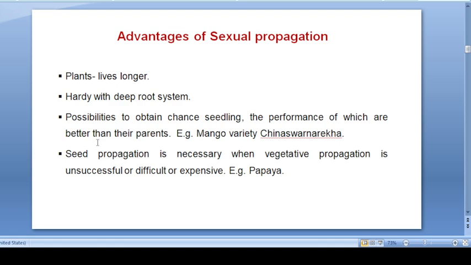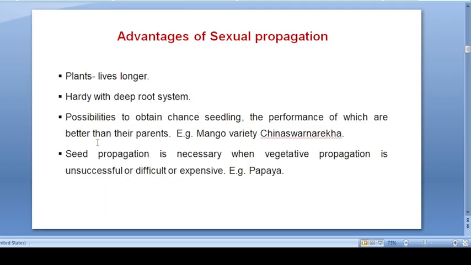Then what is the advantage, or why should we go for seed propagation? Seed propagation is a predominant, commercially used propagation method in most of the horticulture crops, especially in vegetables.